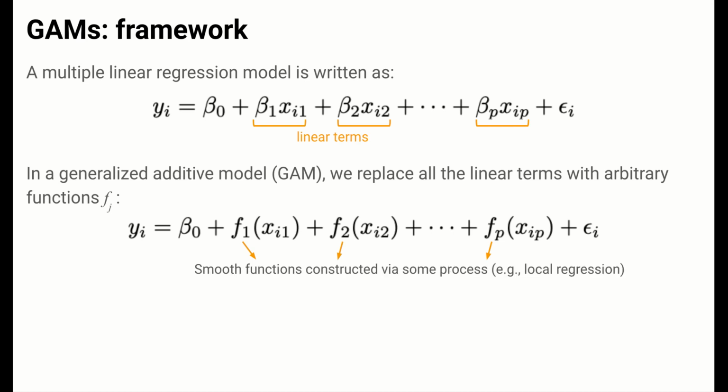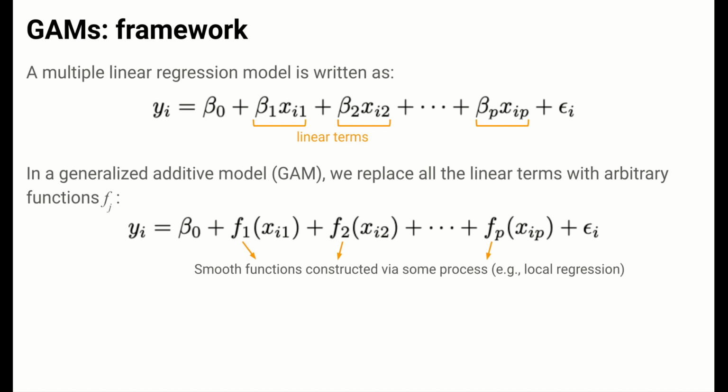Another way to less rigidly specify the functions in a GAM is to indicate the process used to construct them. For example, we could say that we want these smooth functions to be constructed via a local regression estimation process. As we saw earlier, local regression iteratively steps across the span of the data to construct a smooth estimate of an underlying trend.